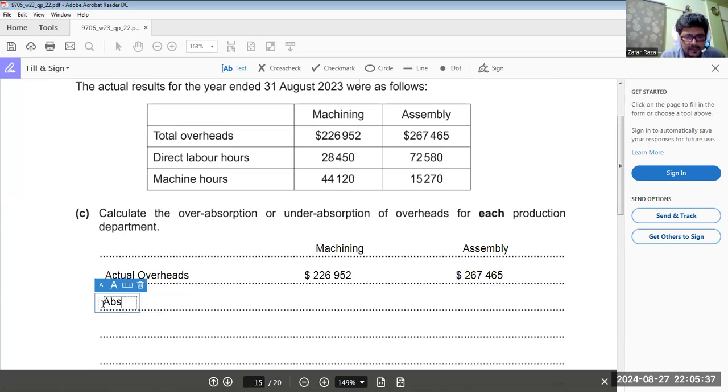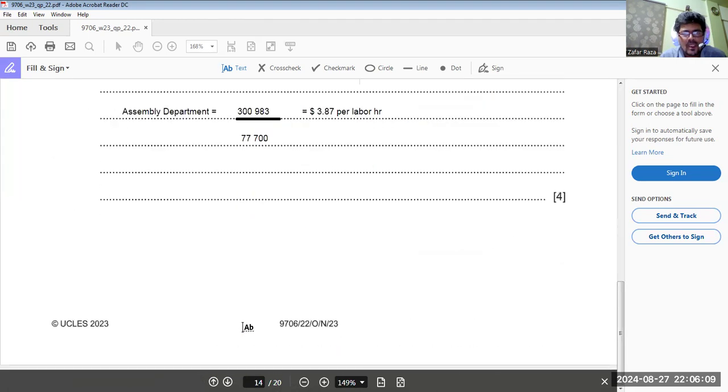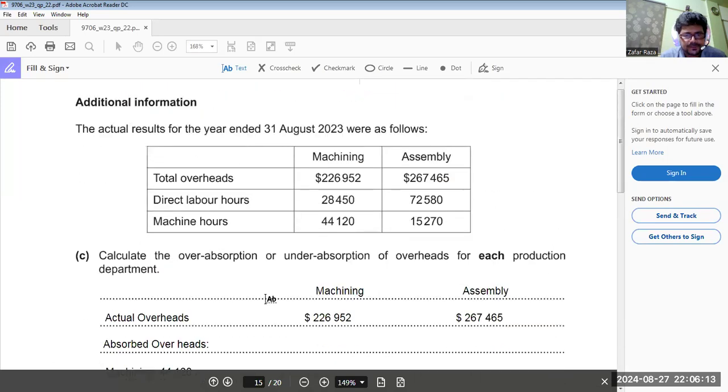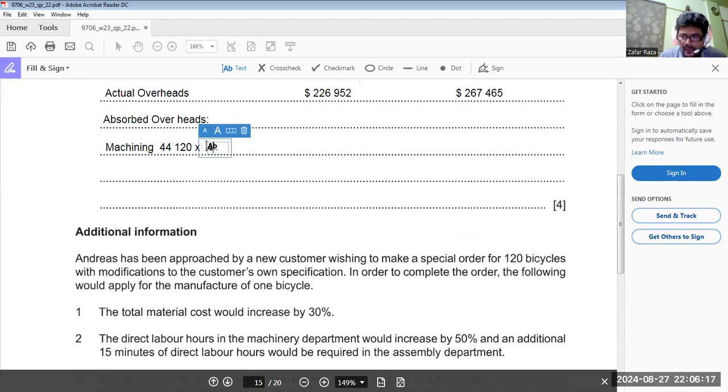What about absorbed overhead? For machining department, actual hours 44,120 multiplied by the rate we calculated, $4.99.